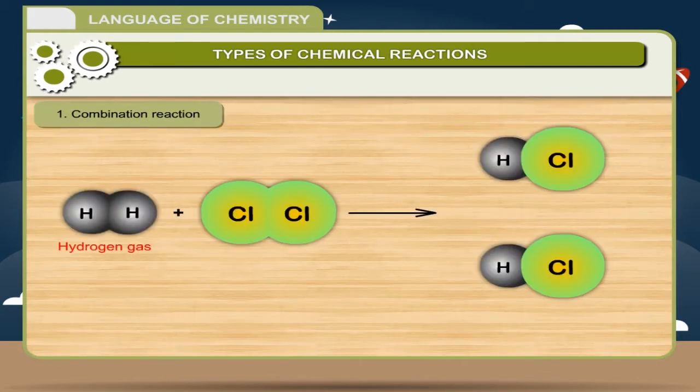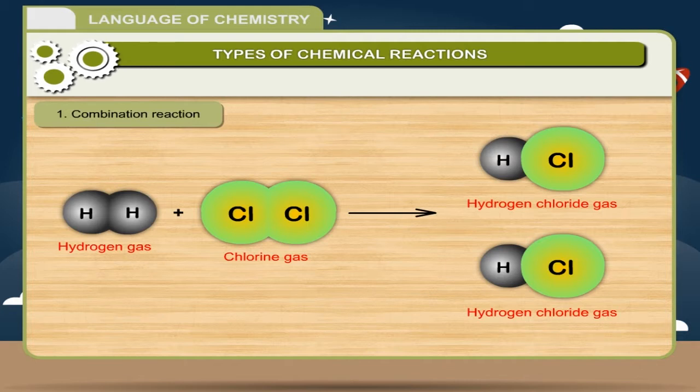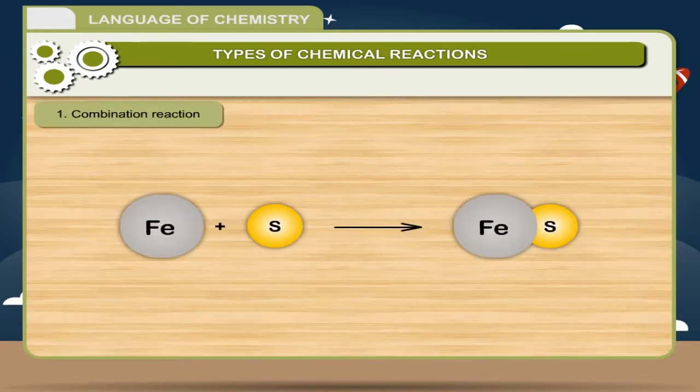Similarly, hydrogen gas combines with chlorine gas to form hydrogen chloride gas. This reaction also takes place in the presence of heat and sunlight. H2 + Cl2 gives 2HCl. Another example is when iron and sulfur are heated together, they form iron sulfide.